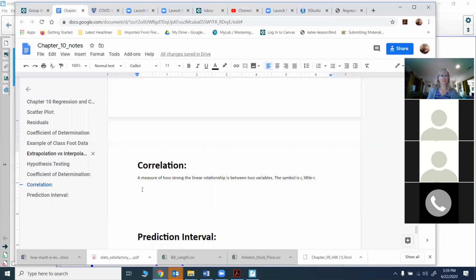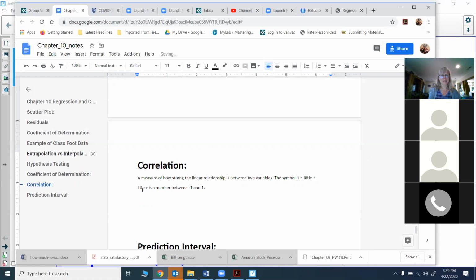And little r is a number between -1 and 1. Okay. So those are the values we can get for our little r.